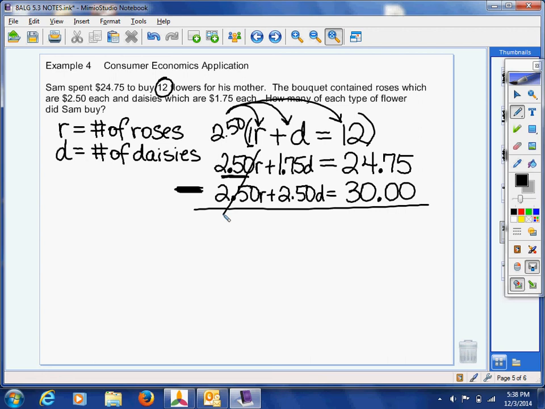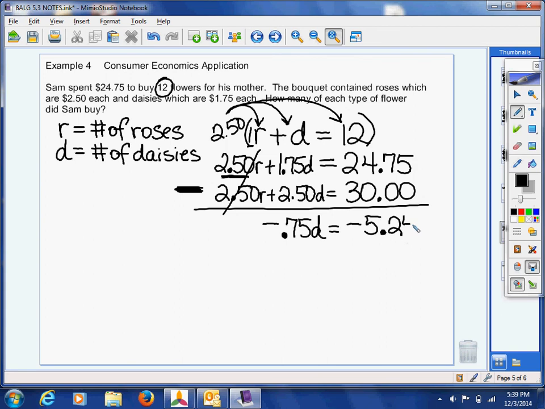So let's do $1.75 minus $2.50. So that's going to be negative 75 cents. And then let's do $24.75 minus 30. Okay, and I'll get negative 5.25. I'm not concerned.